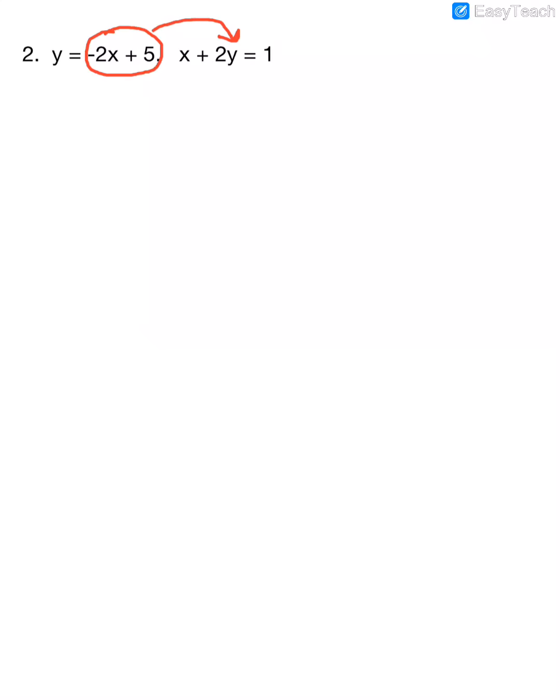So let me rewrite the second equation with the substitution. So x plus 2, and I'm going to substitute in what y is equal to, -2x plus 5, equals 1. So all I did, I replaced y in the second equation. This was a y.